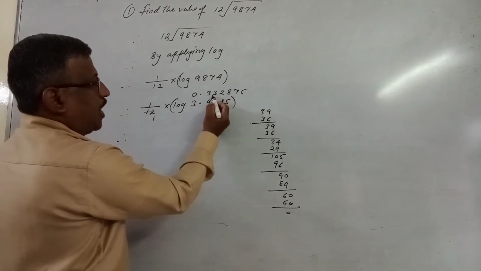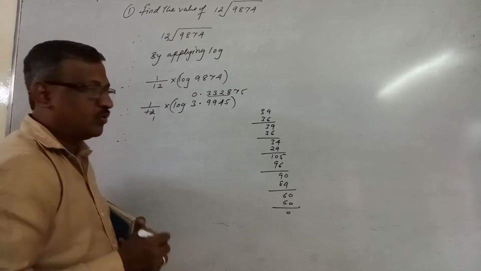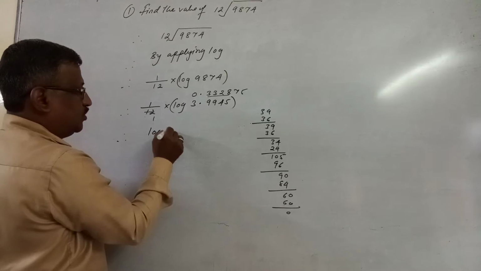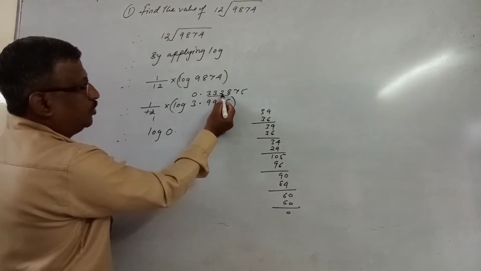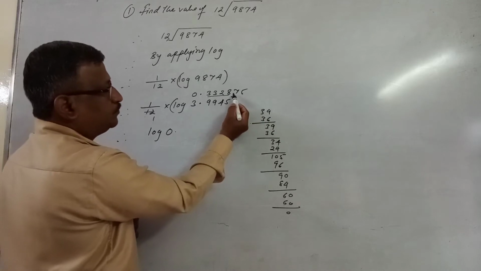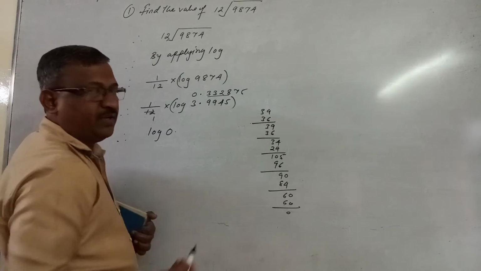And here, approximately how many digits do we have to take? 4 digits. Correct them up to 4 digits. So approximately the log is taken as 0.3329, because as per the rule of approximation, if the next digit is 5 or more than 5, then the previous digit we increase by 1.